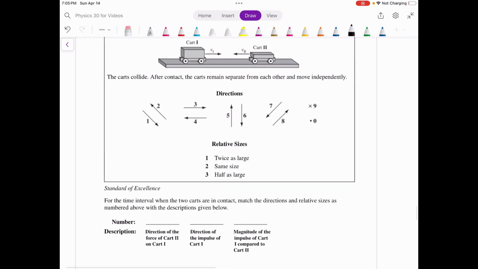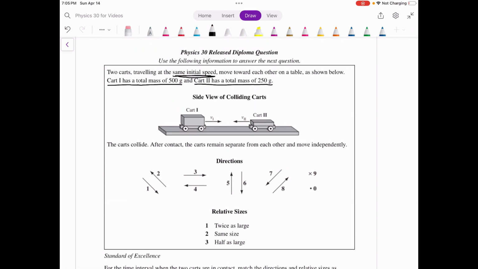Which direction will the force of cart 2 on cart 1 be in? Well, when cart 2 and cart 1 collide, if we picture that, they're in contact with each other. Cart 1 was moving to the right. When it comes into contact with cart 2, it's going to push it like this, right? Newton's third law says equal and opposite.